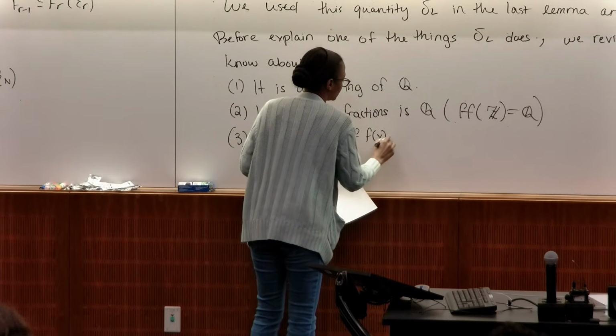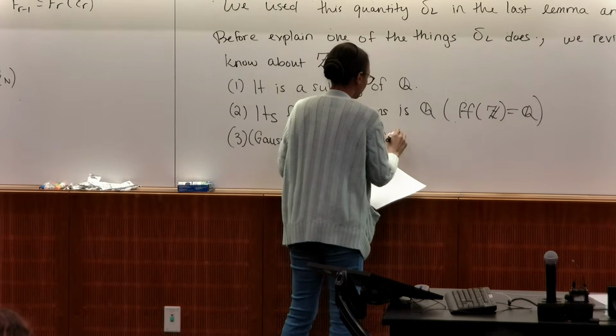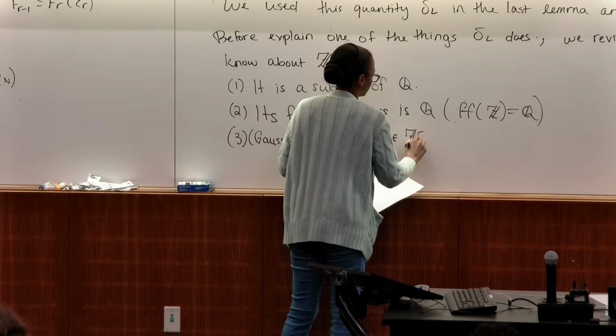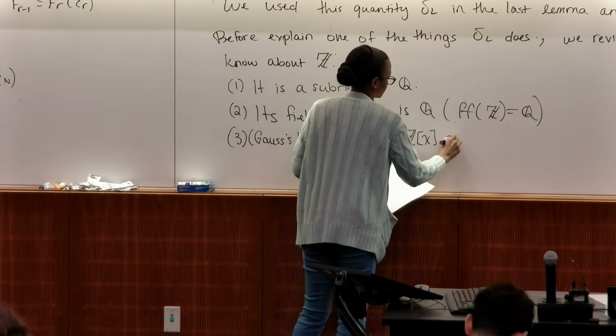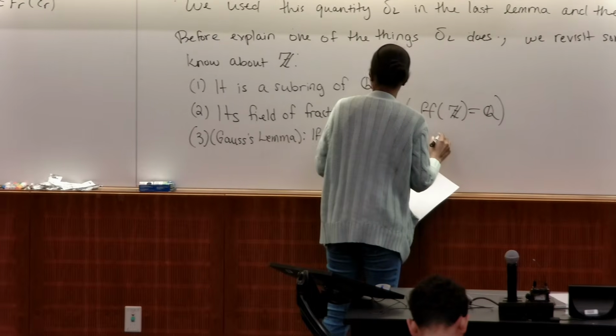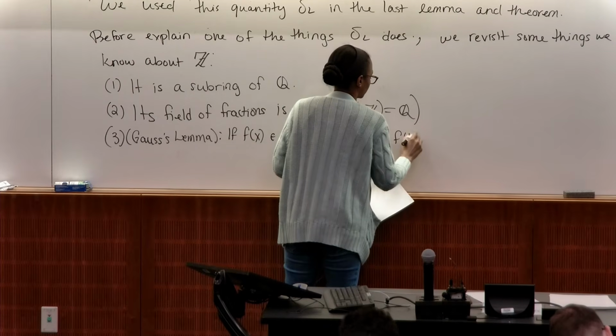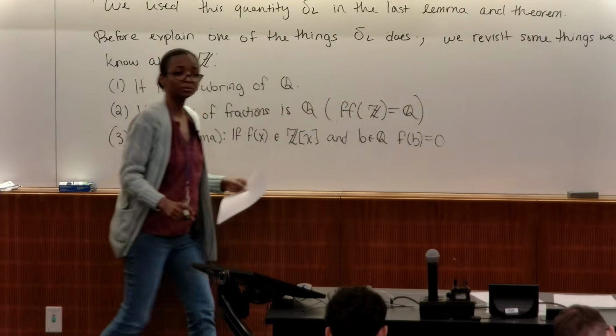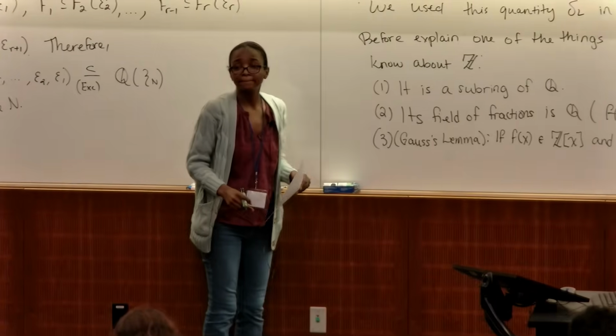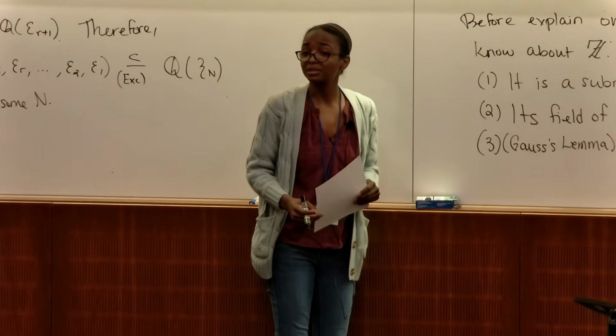If I give you a monic polynomial with integer coefficients, and if I give you some rational number that's a root of that polynomial, then it wasn't just any old rational number, it was an integer to begin with.